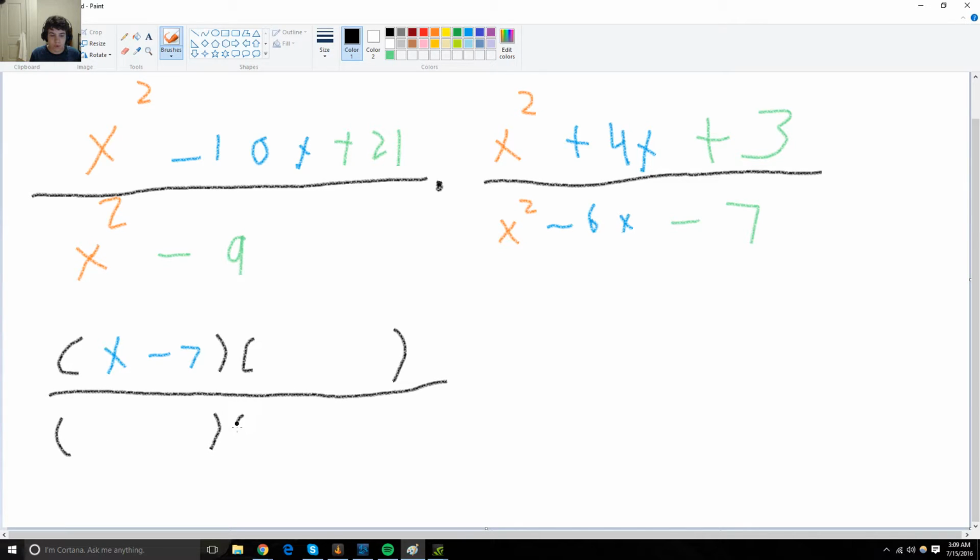Just set that up real nice and easy. The bottom is x plus 3, x minus 3. That's just factoring, know how to do that, it's pretty important. I messed up the colors, I'm gonna leave it like that, because I'm a real gangster.